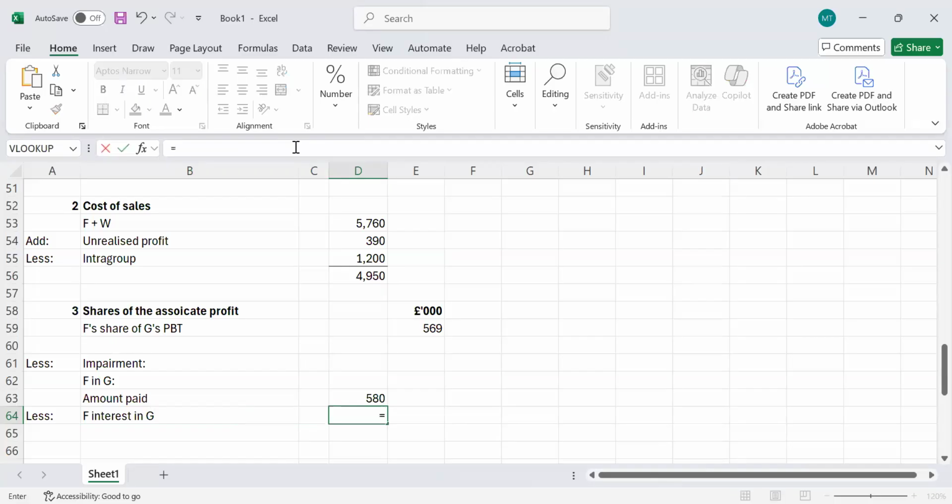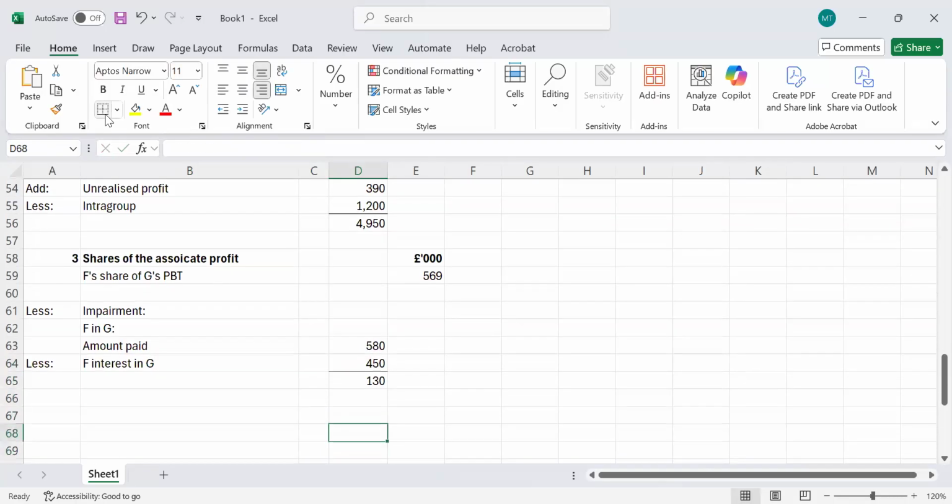Net assets or capital and reserves value is 1,800 and only 25% was acquired, so in total 450,000. So what is the goodwill? Goodwill is the difference between amount paid over net asset value acquired. So 130,000 is total goodwill generated on this transaction.